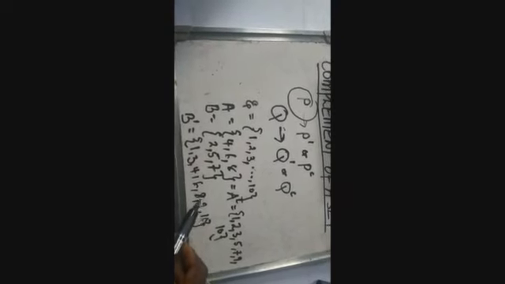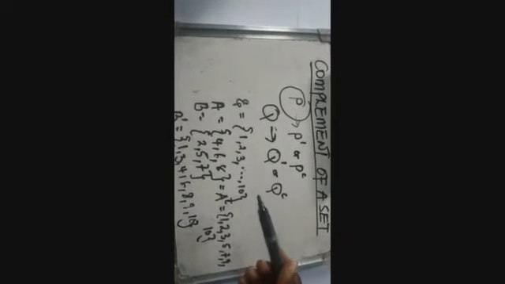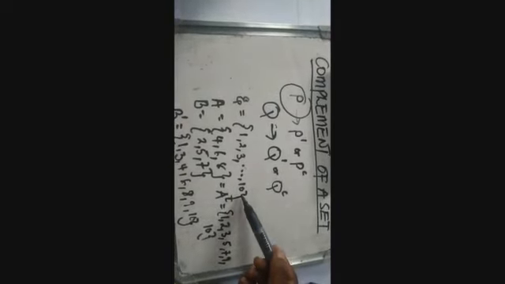So B complement is 1, 3, 4, 6, 8, 9, and 10. Basically, complements of a set are the elements you can find in the universal set but cannot find in the subset.